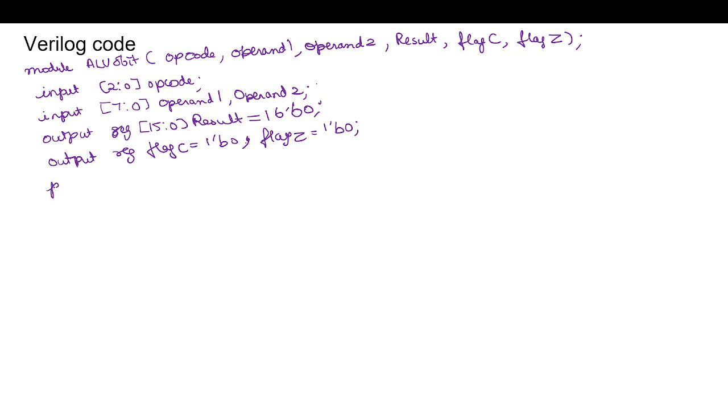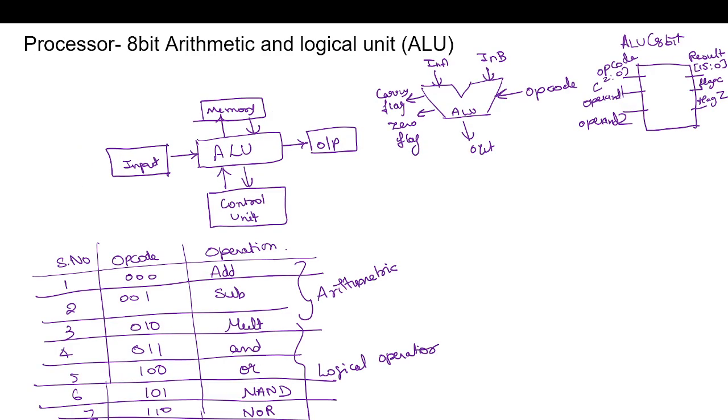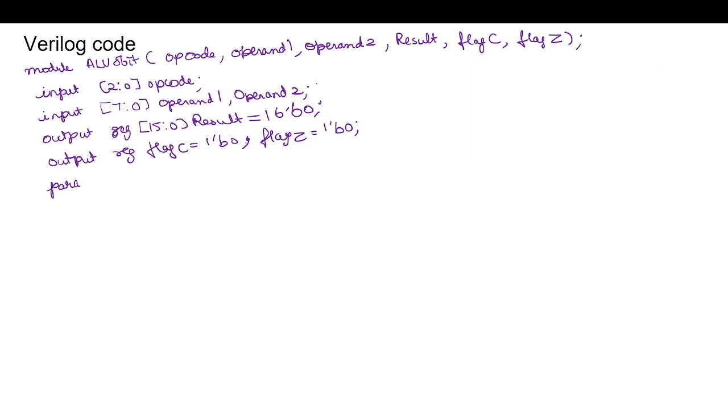Now we need to define the parameters. Everything will be saved as a parameter. Parameter ADD will be 000, SUB will be 001. So this we will define with parameter. This is a 3-bit. I will use everything in capitals because small-letter names can be keywords. So ADD is 3'b000.